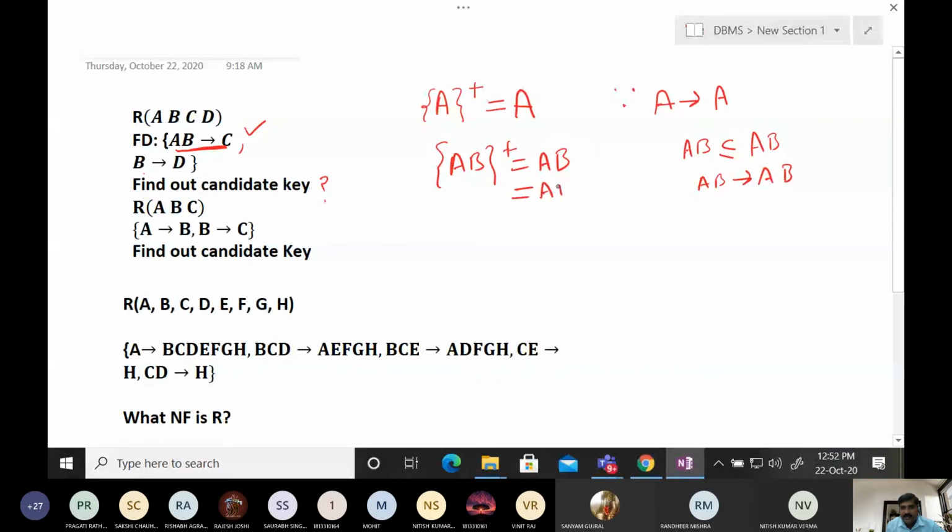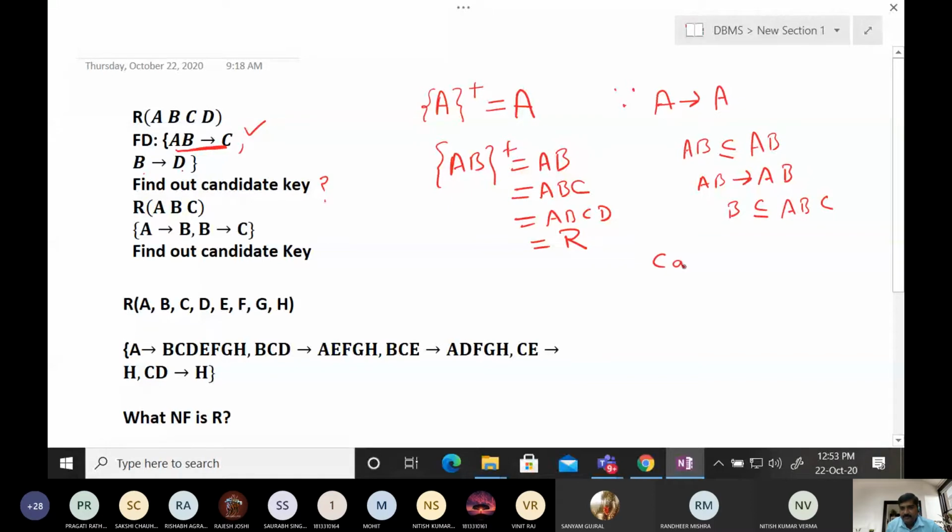So after associating, AB union C is ABC. And since B determines D and B is a subset of ABC, we associate the right side attribute with this. So ABC union D equals ABCD, and this is R. Now AB determines all the attributes of R, so we can say that here the candidate key is AB.